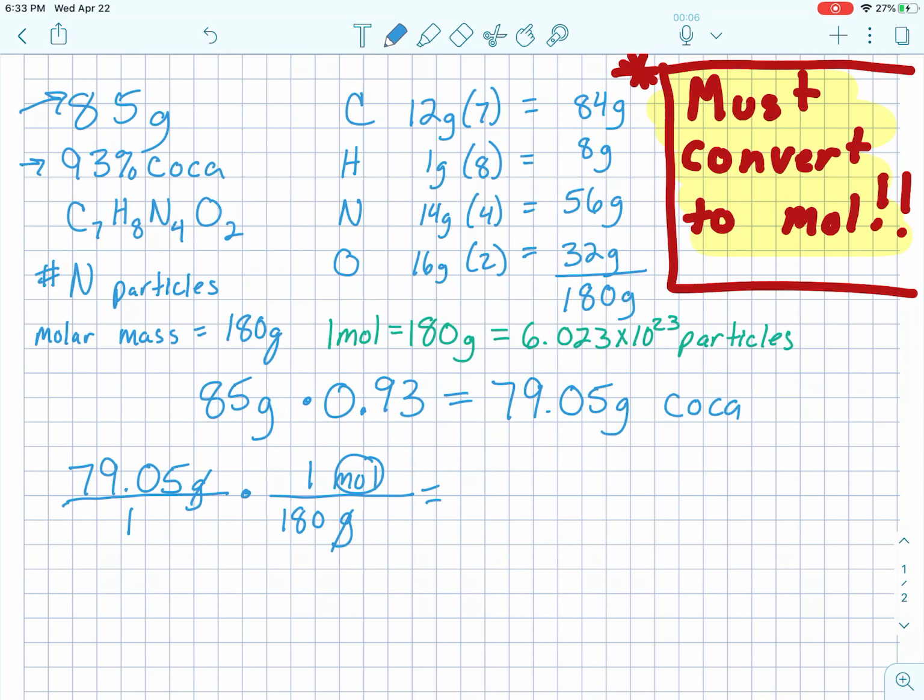So 79.05 divided by 180 equals 0.439. So we're going to round that to 0.44. Don't forget your units. So I have moles, and this is moles of, if you want to write the coca, that's fine.